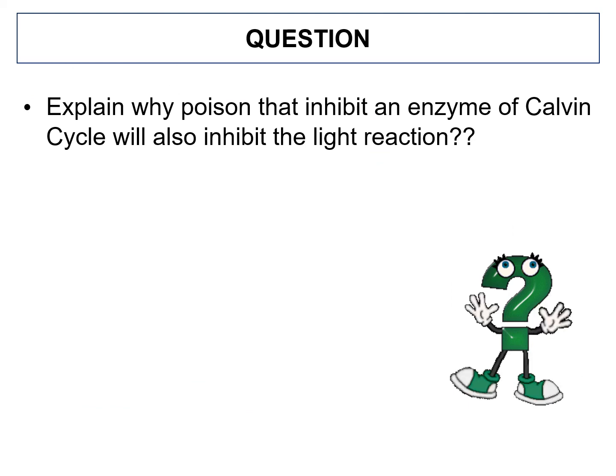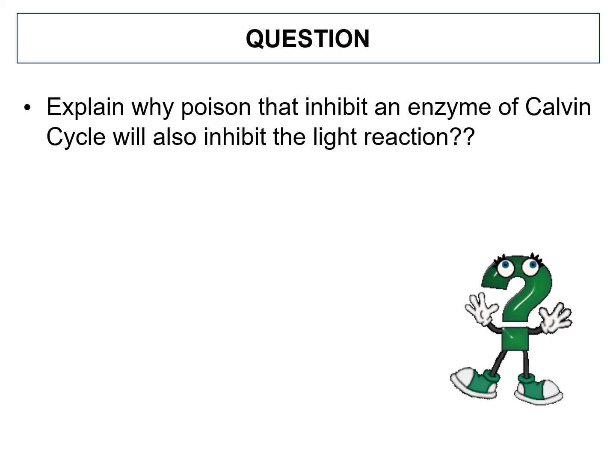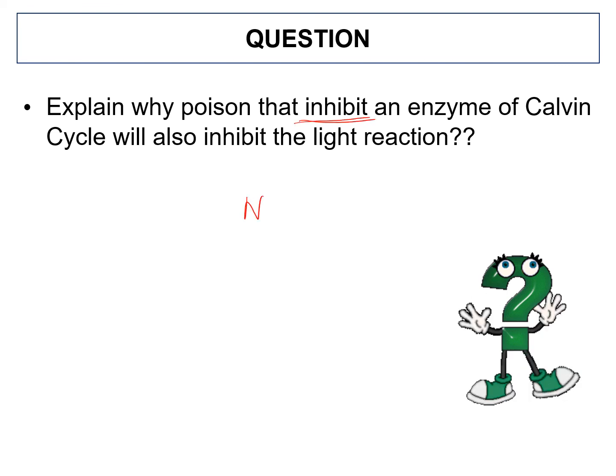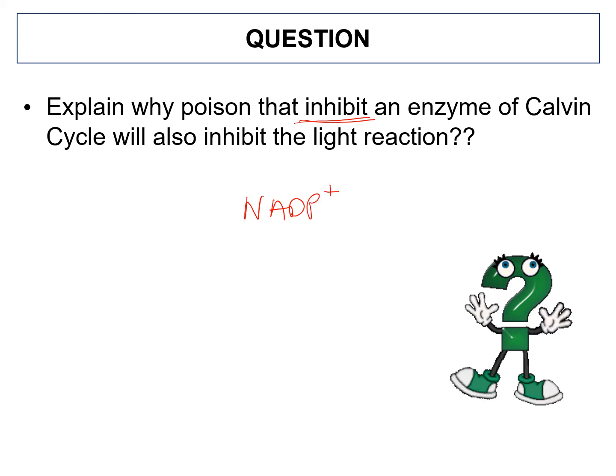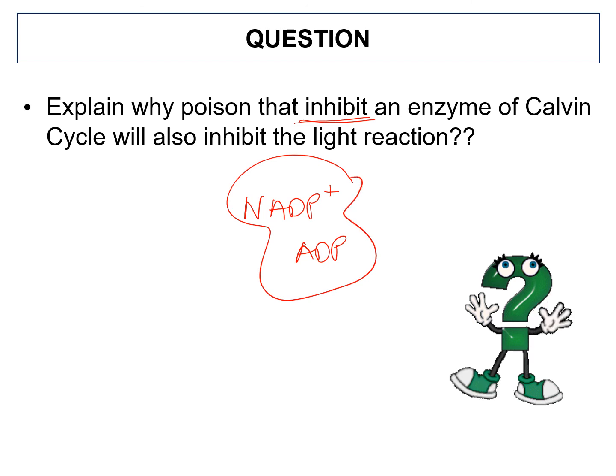Explain why poison that inhibits an enzyme of the Calvin cycle will also inhibit the light reaction. If the Calvin cycle is inhibited, it cannot reproduce the NADP plus, right? And also ADP. So these two molecules need to be produced so that they can go back to the light-dependent reaction.